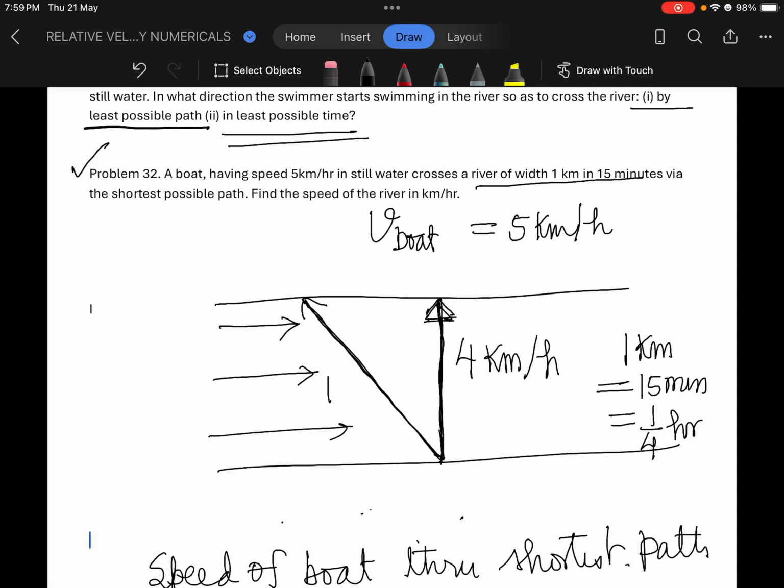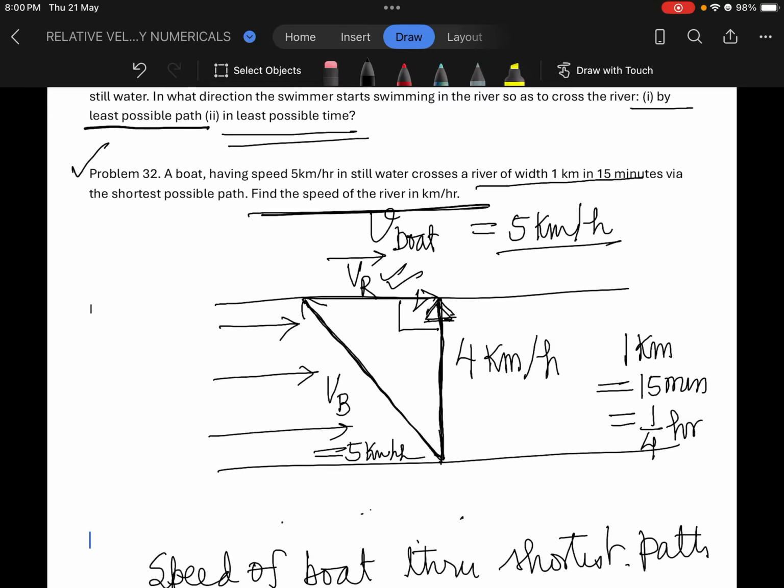So this is the actual direction of the boat in which the boat is sailing, with the speed of 5 kilometer per hour. What is the speed of the river? It is this VR. You have to calculate the value of VR, the speed of the river in kilometer per hour.